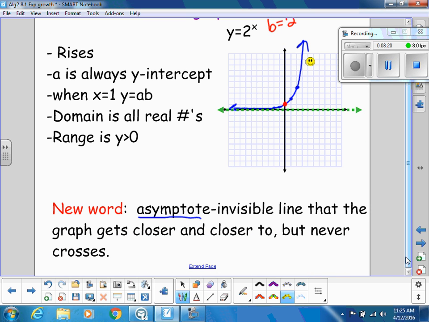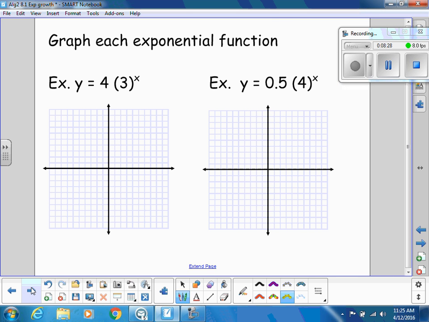So let's see if we can use our observations to make the graphing easier. That way we don't have to make a full T-chart every single time. First thing, in this example, let's figure out the A and the B. The A is 4, and the B is 3.